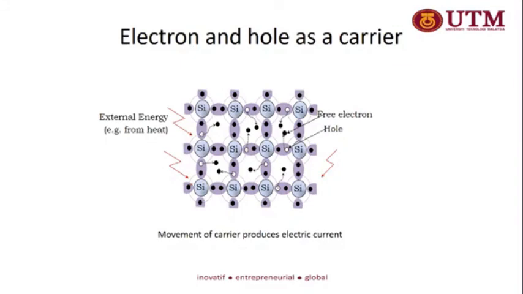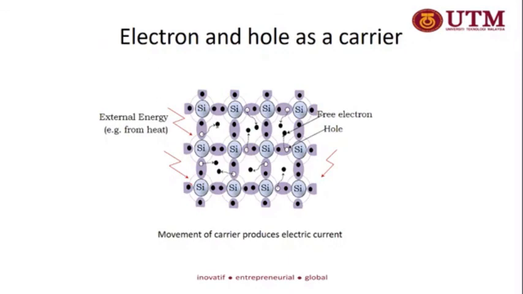Okay. So external energy, for example heat, will produce a free electron and will produce a hole. What is a hole? A hole is a vacancy left by the electron. So this is as labeled here.